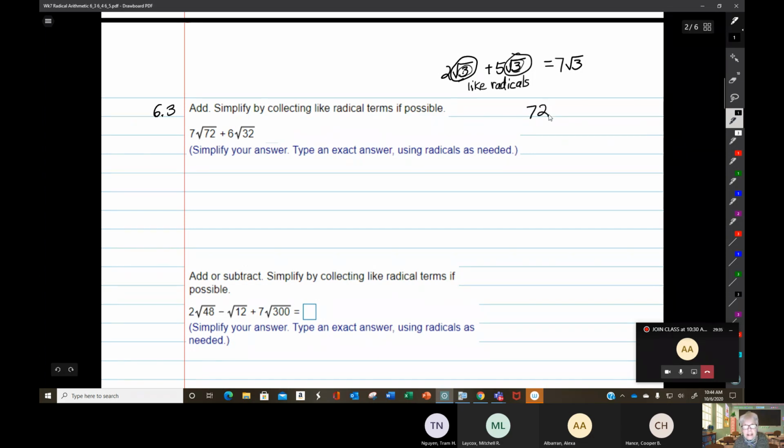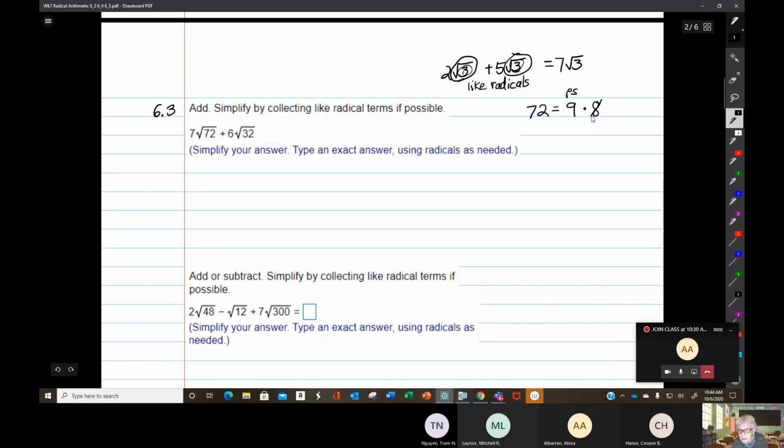My initial reaction is to say, well, that's 9 times 8, which is true. And 9 is a perfect square. But there is a perfect square hiding in 8. It's 4.